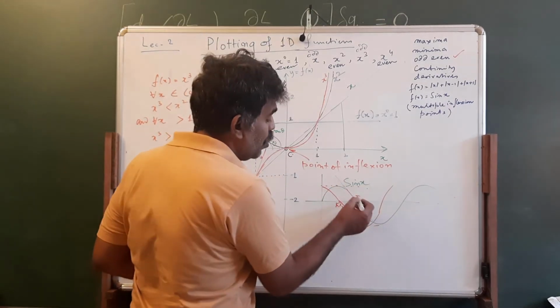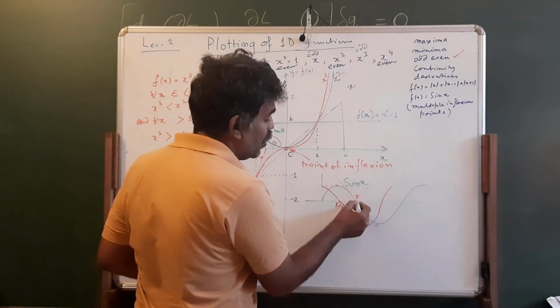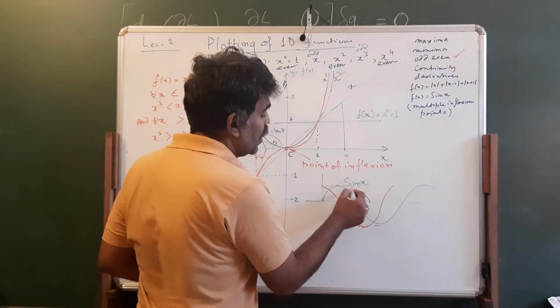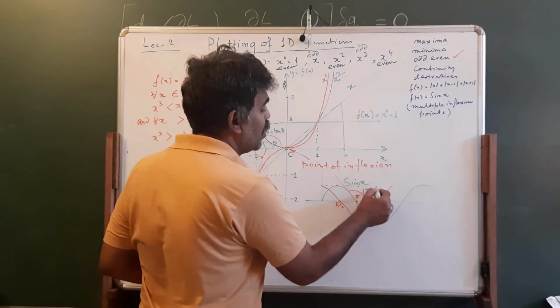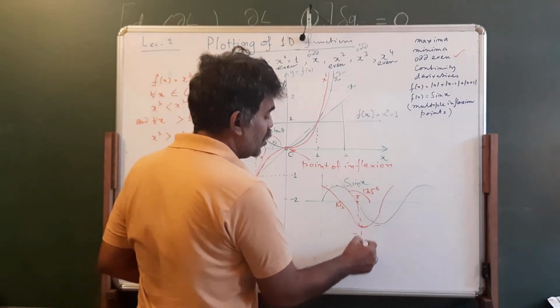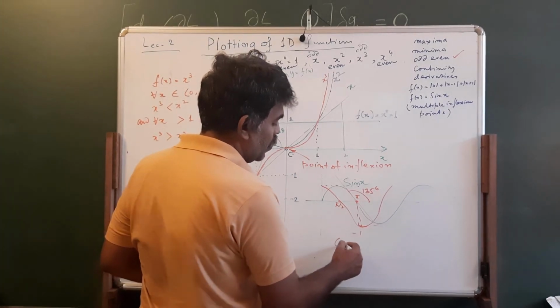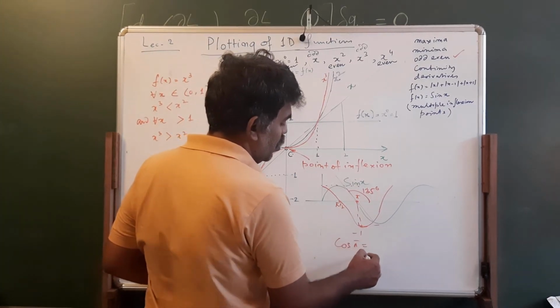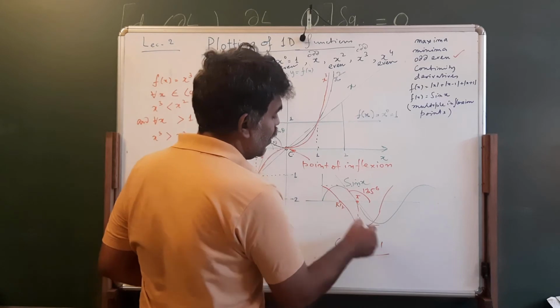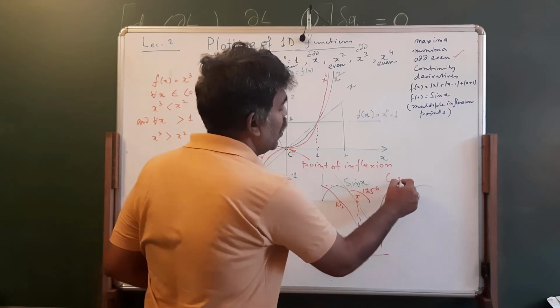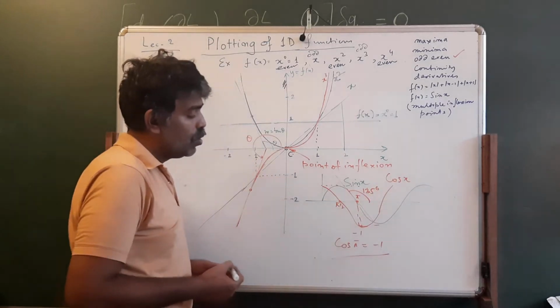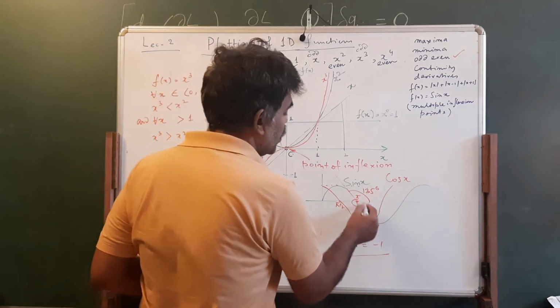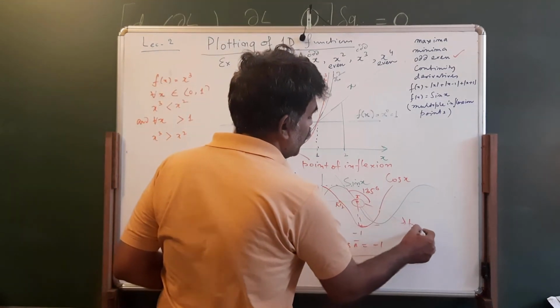So what's the value of the slope at x equals pi? It is this thing, 135 degrees. So tan 135 degrees is -1. That is actually cos pi. Cos pi is also -1, right? So the red curve is the cos x curve, which gives the value of the slope. So this is the point of inflection. This point is the point of inflection.